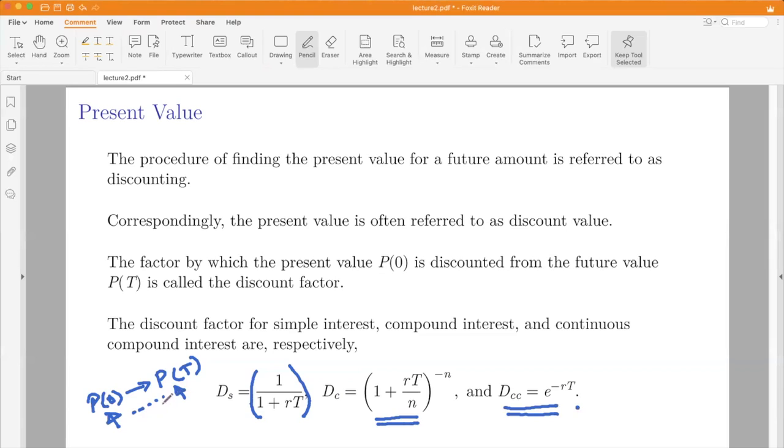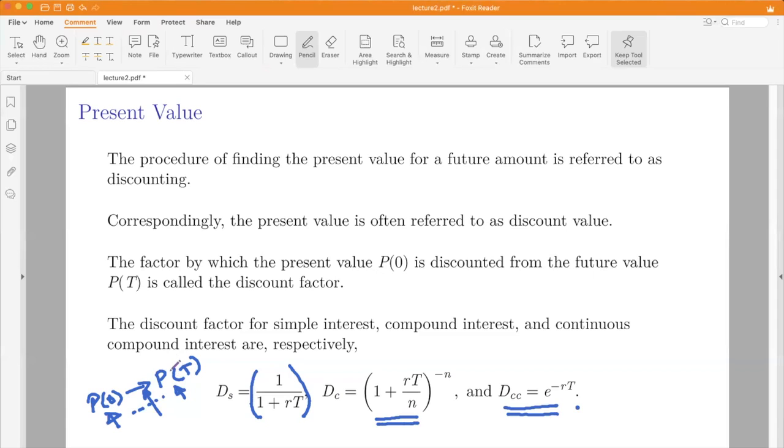In this case, you saw that the present value is very easily obtained, a direct consequence of the formulas that we have obtained so far. The complication is when you also make some payments in between. Then the formula is a little bit involved.